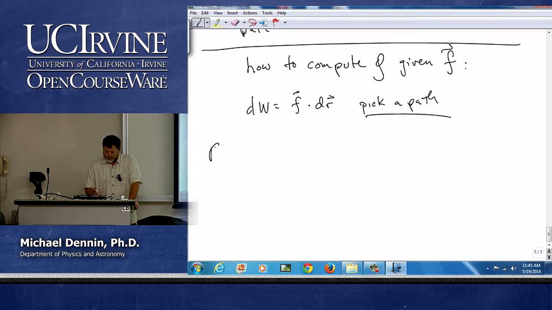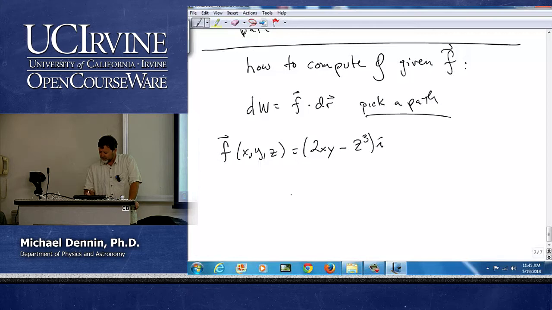And the trick to it is just keeping track of what you get when you integrate so that you do not duplicate yourself. And so I think the easiest way to do it is with a concrete, specific example.